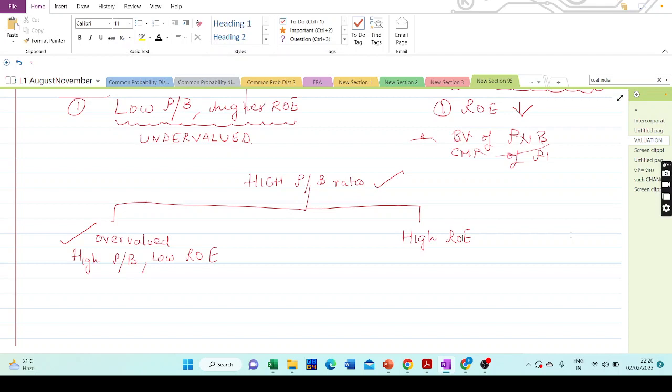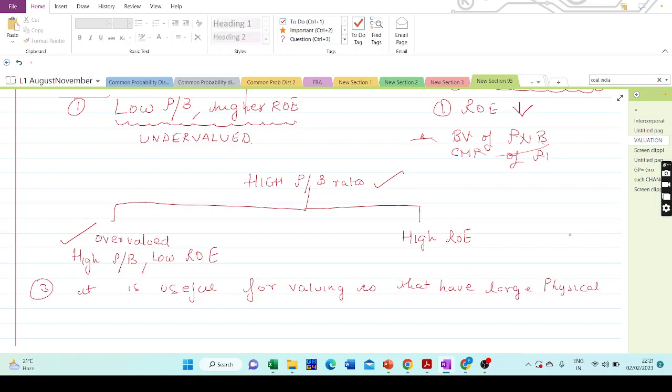Third point, please note, price to book value is useful for companies that have large physical assets, large financial assets in its balance sheet. I'll write this point only. It's useful for valuing companies that have large physical assets.